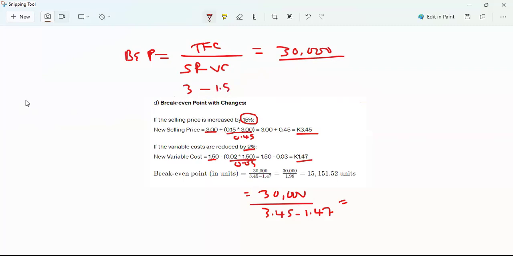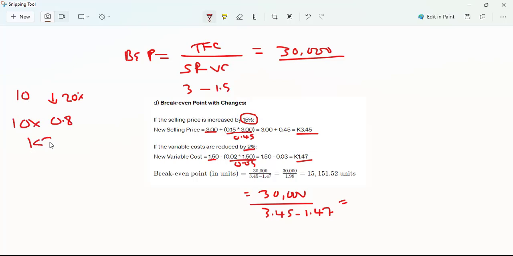So let me give you a hypothetical example. If we had 10 kwacha for selling price and it has reduced by 20%, just multiply 10 times, what is 20% from 100? 80%, so 0.8.